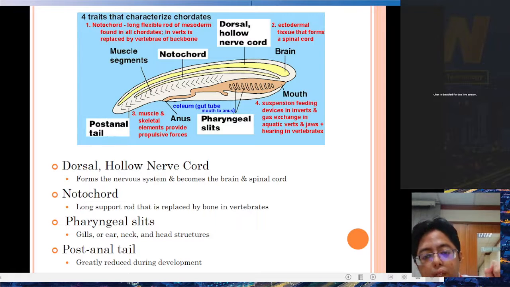After becoming a neurula, it will form this type of shape: a long nerve cord, a brain at one end, a mouth, some slits, muscle segments, and a tail extending after the anus. So every chordata will look like this at one time in their life cycle.